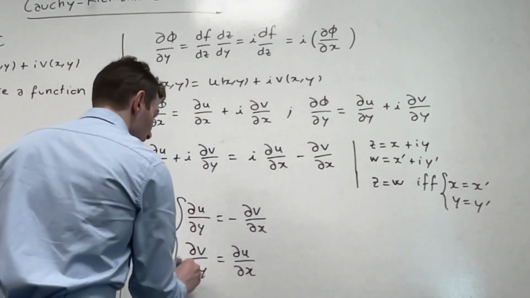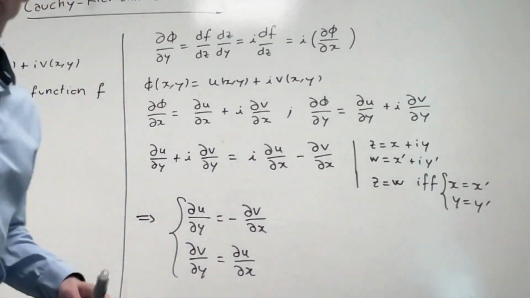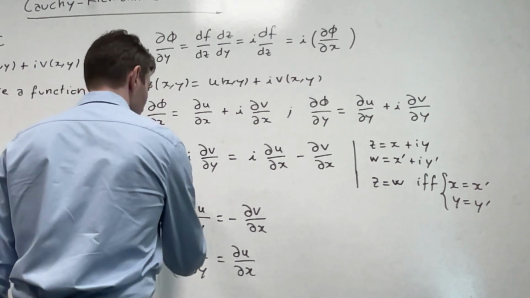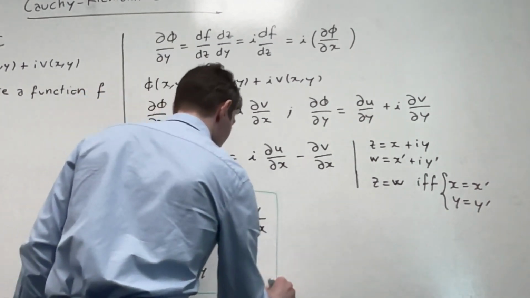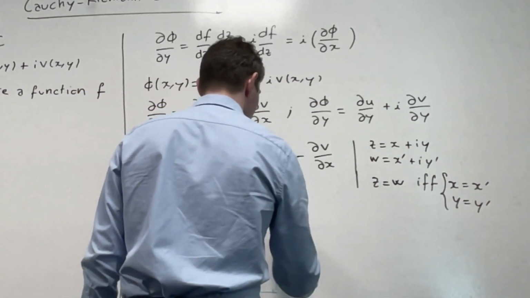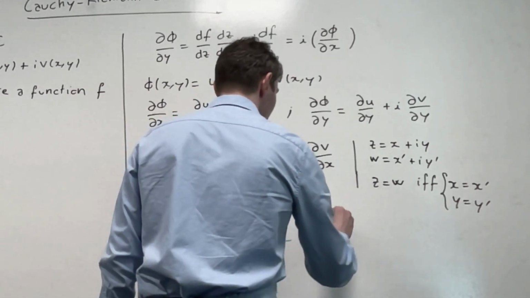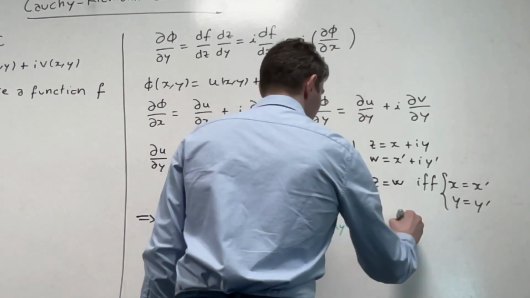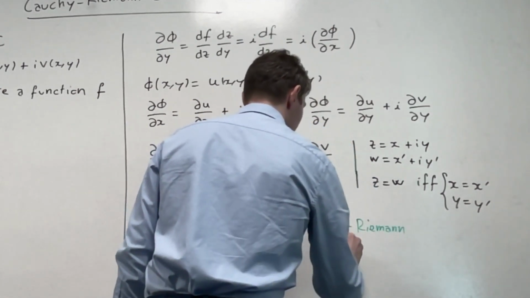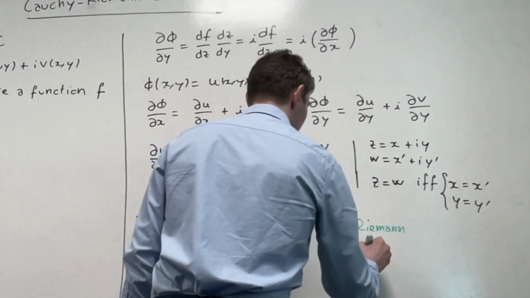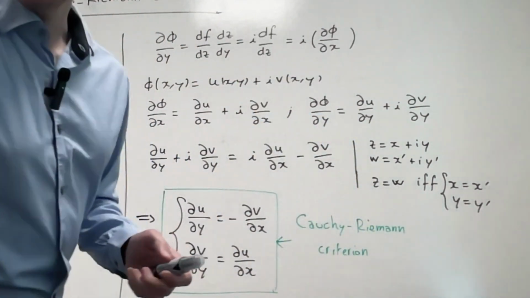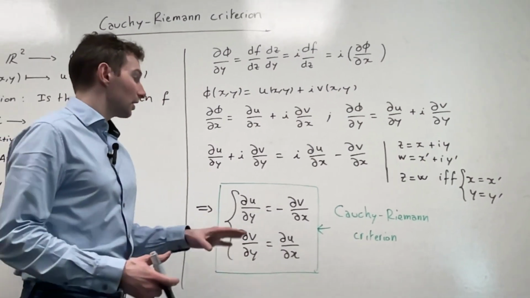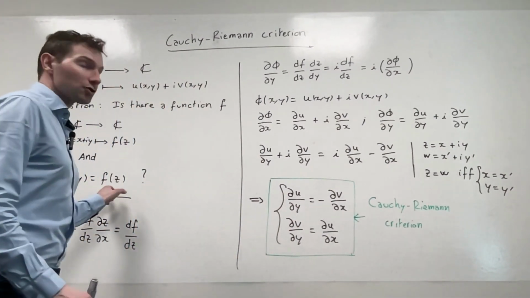Okay, and so these equations are called the Cauchy-Riemann criterion. Okay, so there's a Cauchy-Riemann criterion, and in that particular case, that's a necessary condition for this to be true.